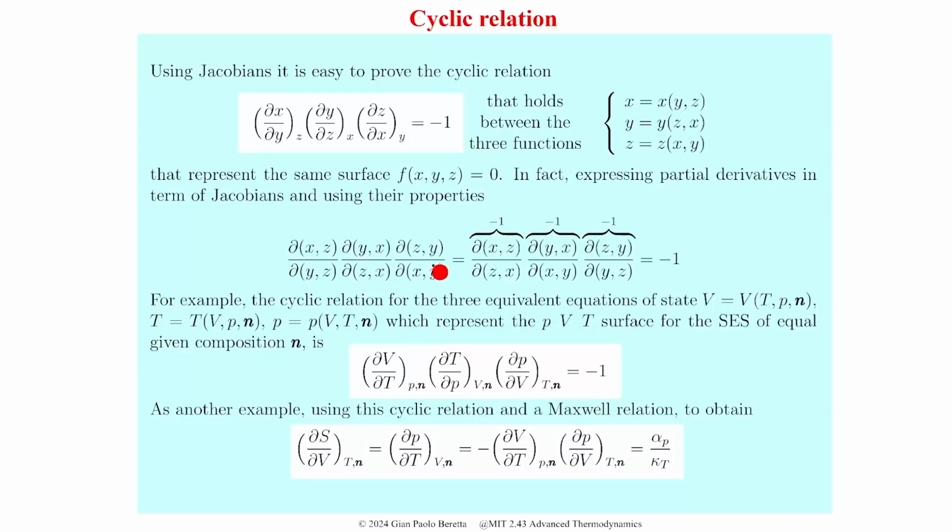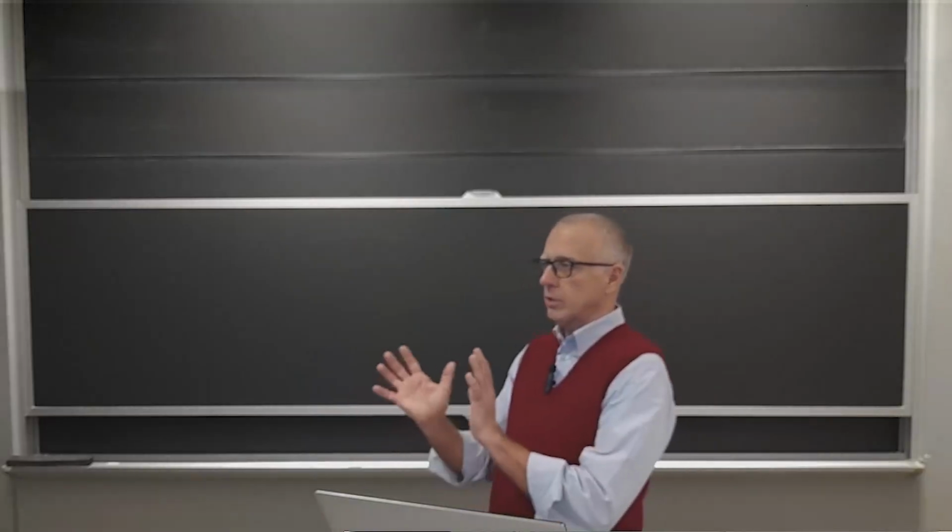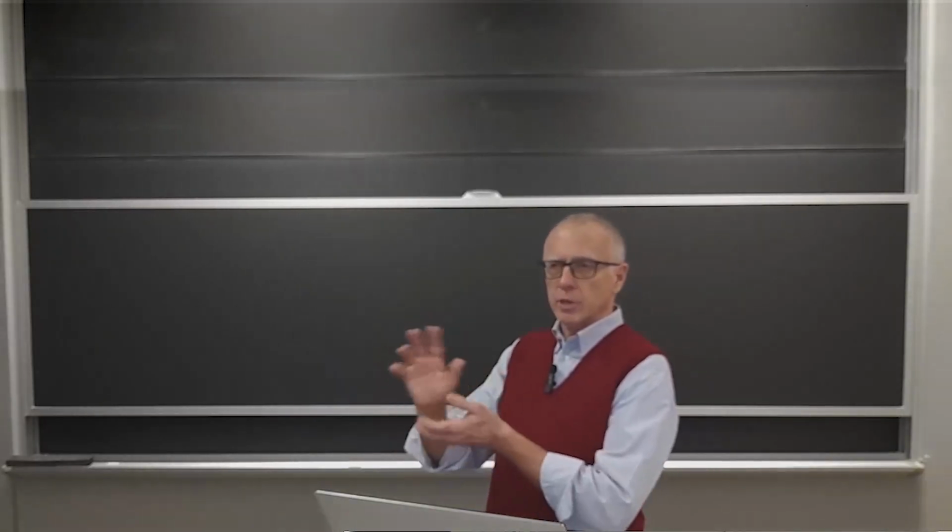relation that we can prove by, again, using the properties of Jacobians. And here is the situation in which you have a surface, for example, a function of x, y, and z equals 0 represents a surface that you can represent in 3 dimensions, x, y, z.